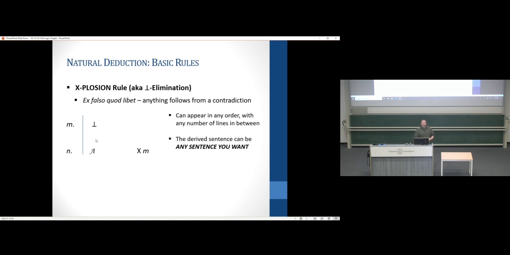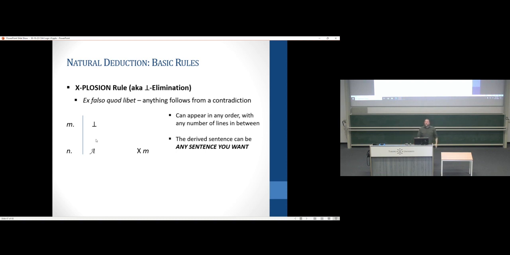The rule is, if you have the upside down T, on that same line, you can derive absolutely anything you want. Anything. Any sentence of any structure, doesn't matter. If you have a contradiction, you can get anything. If you have the upside down T, you can blow it up.